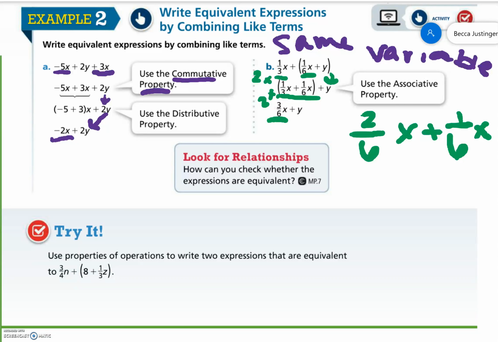Again, the y just gets brought down because there's no other y's to combine it to. You can also reduce this 3/6 x plus y to be 1/2 x plus y. That would also be an equivalent expression.